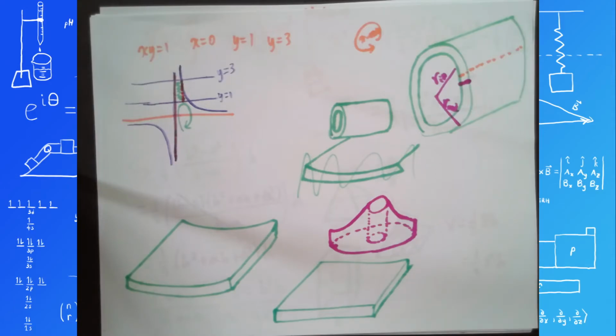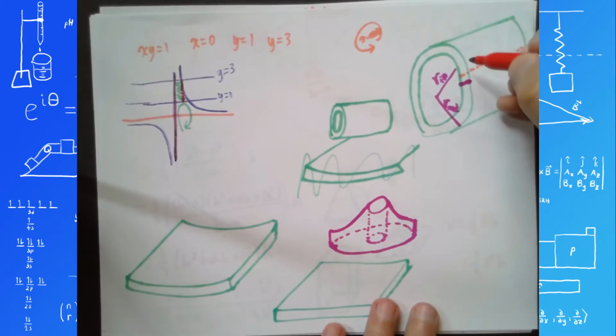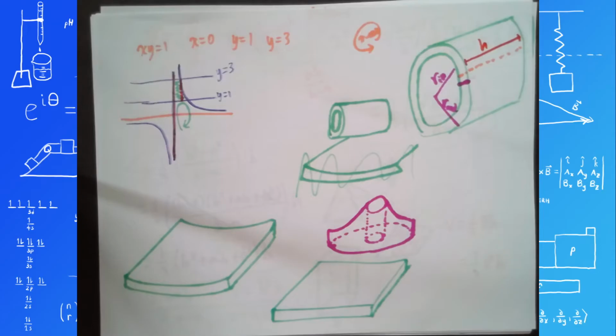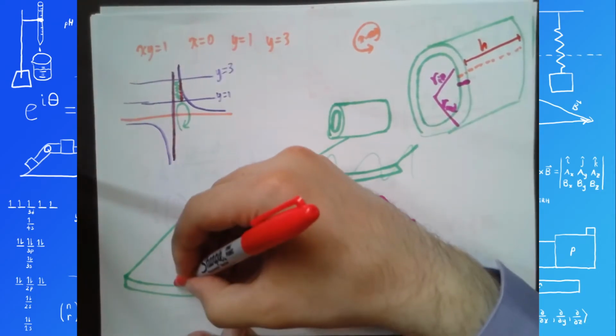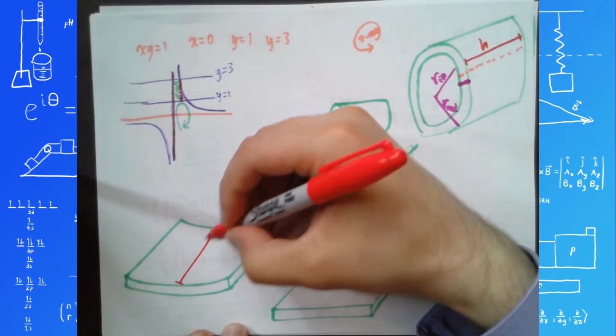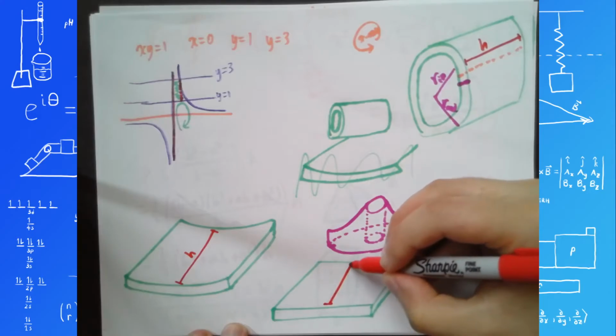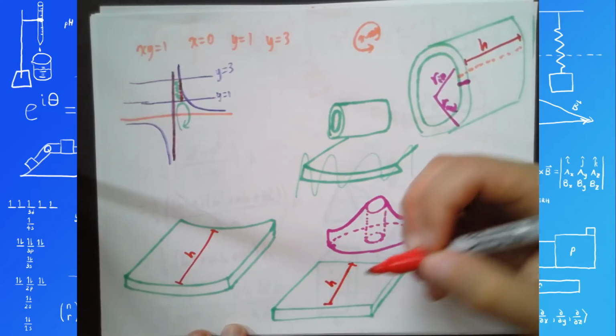Okay, so let's see. Before cutting this thing open, you could call this the height of the cylindrical shell. And what happened to that? Well, that became this. That's the height, which means if you were to perfectly flatten it out, there's your height.